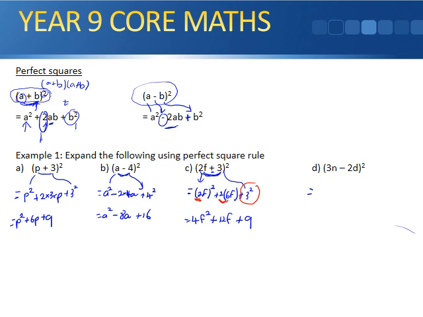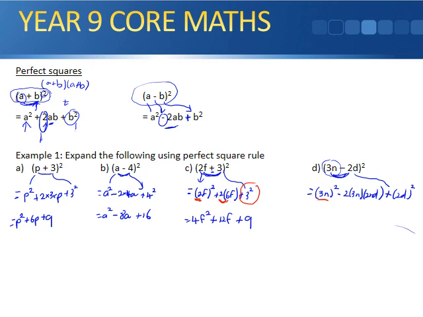Again, the same thing here. Get this first one, square the whole thing, so 3n all squared minus 2, and I've got to times these two together. 3n, I'll do them separately this time, 2n, and then it's plus this all squared, 2d all squared. So now we're going to work this all out.